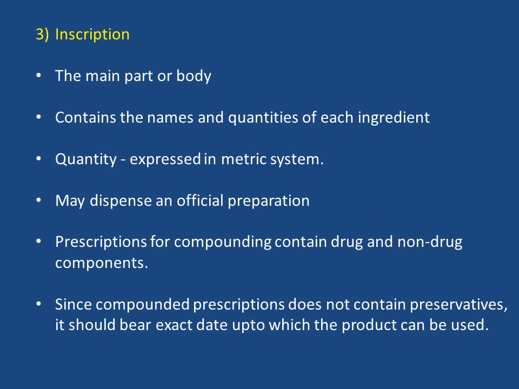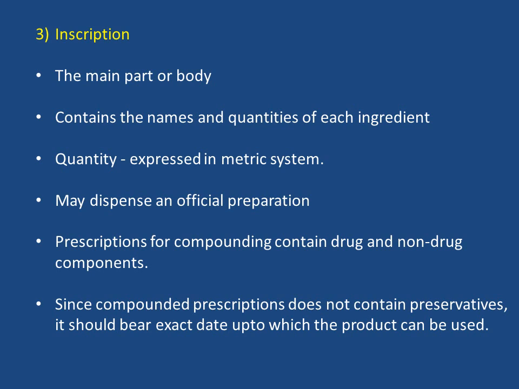Inscription is the third part of prescription. It is the main part or body of the prescription, which contains the names and quantities of each ingredient required to compound and dispense products, or the name and quantity of the dosage form.